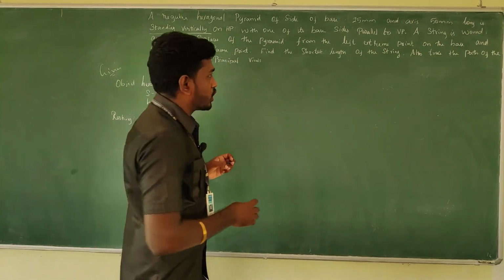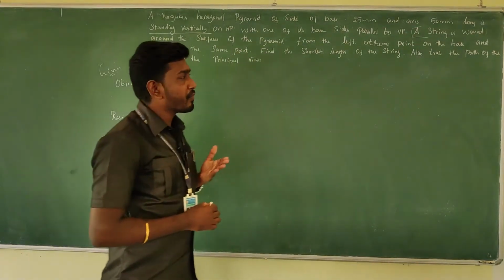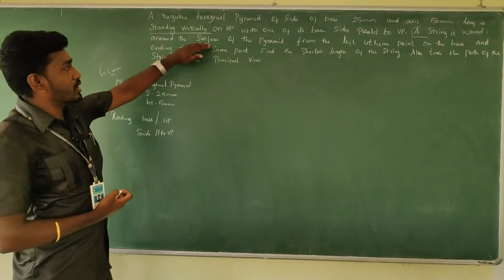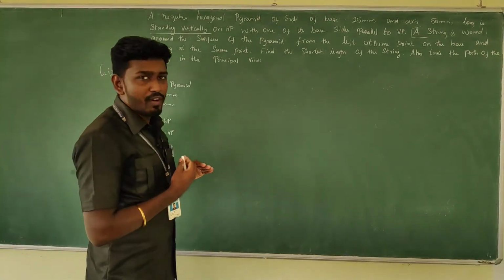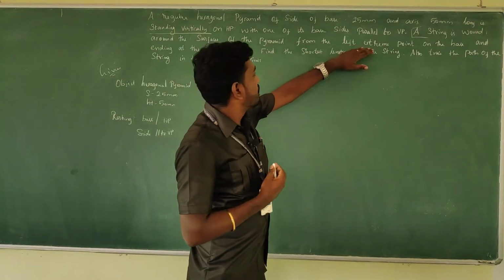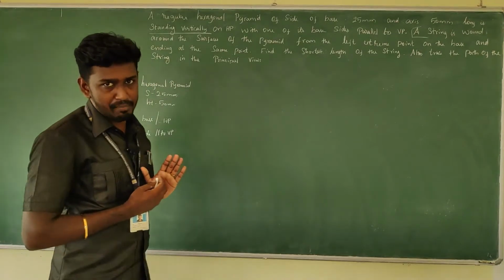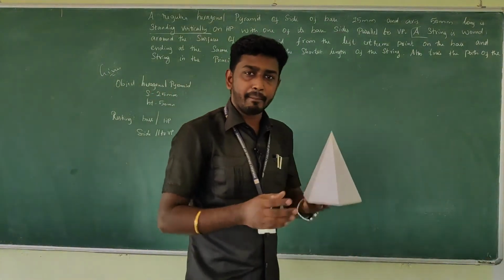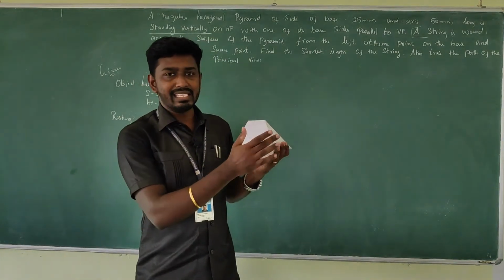And then the question is very new. A string is wound around. With the help of a string, it is wound around the surface of the pyramid. And from where is it wound? From the left extreme point on the base and ending at the same point. What does it mean? I'll show you. So this is the pyramid, a hexagonal pyramid.